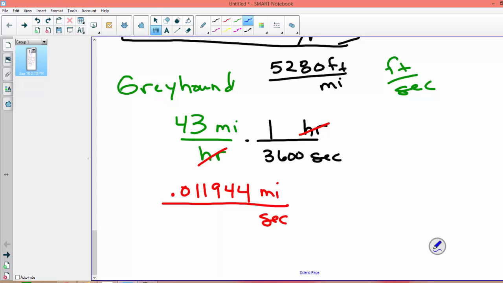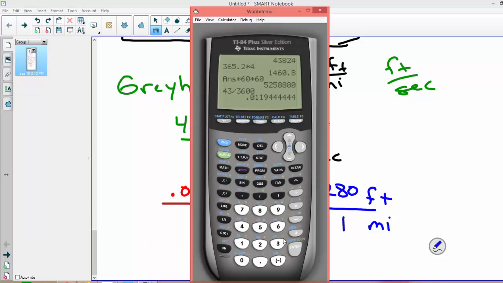And then we're going to convert miles to feet. Well, the word miles is on top. So the word miles needs to go on the bottom, which means the word feet is on top. And if you did not know, you could have Googled how many feet in a mile, and you would get 5280. So we're going to go back to the calculator, multiply our decimal by 5280. And your final answer is 63.066 repeating.